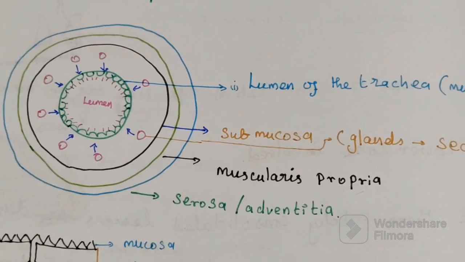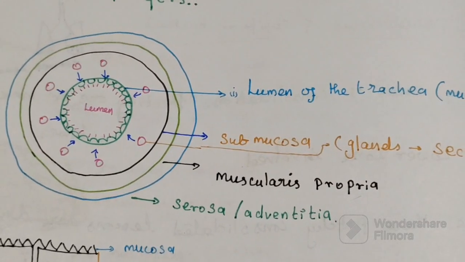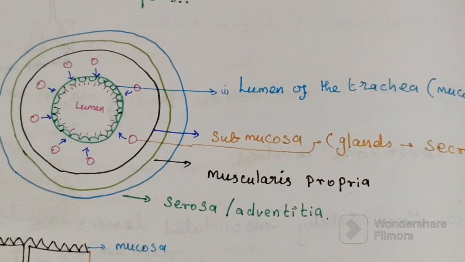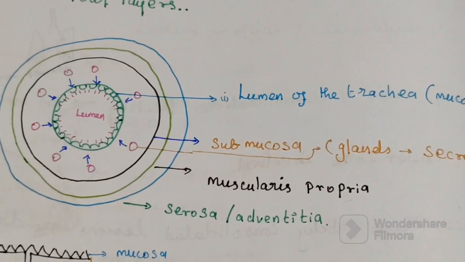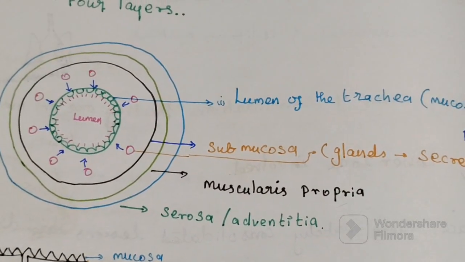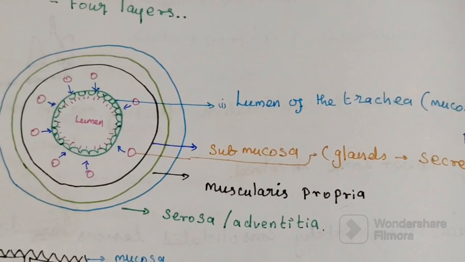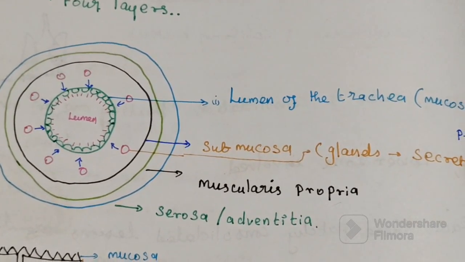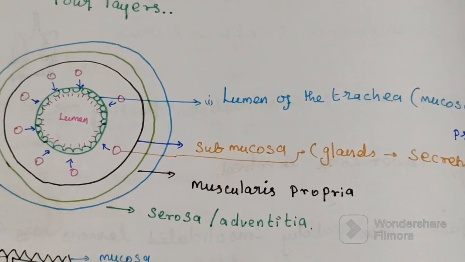That's why the lumen is always wet. The same sticky secretion is present in the nose and in the entire respiratory tract. That secretion is formed by the glands present in the submucosa.